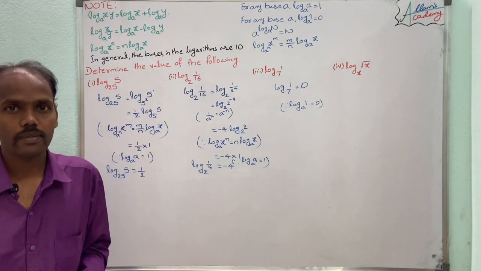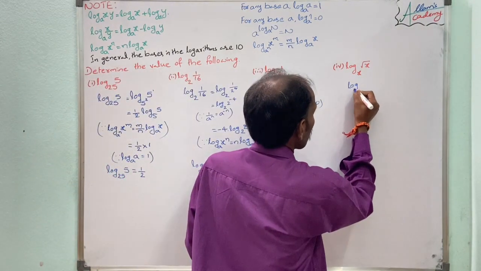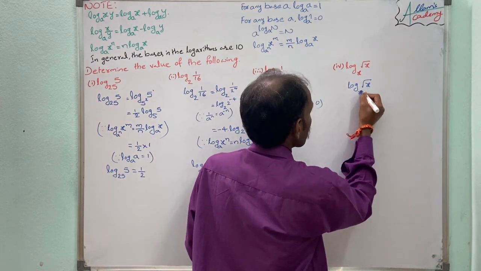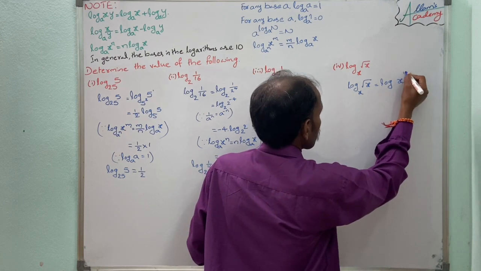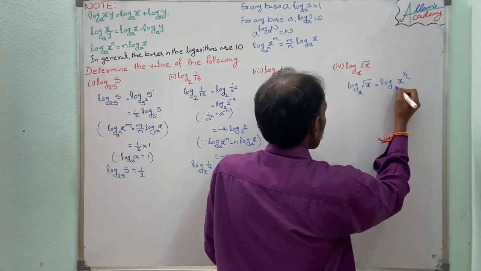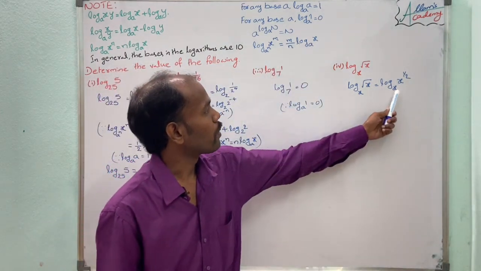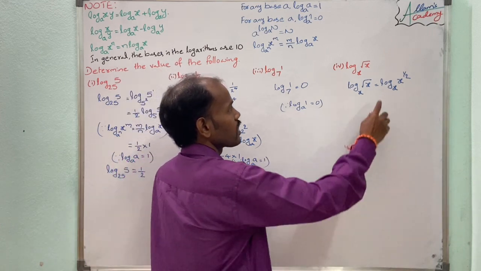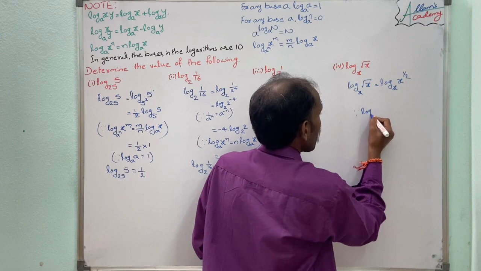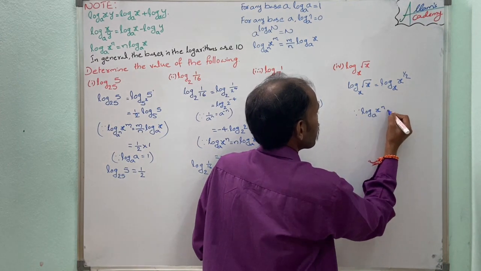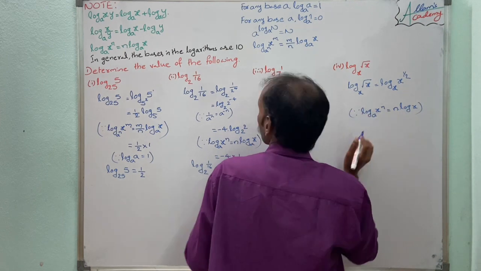Now the fourth problem, log root x base x. So root x can be expressed as x power 1 by 2. So log x power 1 by 2 and the base x. So now it is in the form of log x power n base a equals n into log x, the power rule.